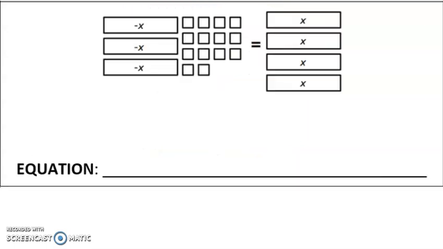Here we go. This one doesn't have the balance, but it's still a model. We already have our equal sign, so I have my left and my right side. Count the variables, count the constants. So I have 1, 2, 3, but they're all negatives. Watch for that. So this is -3x. Then I'm going to count my constants.